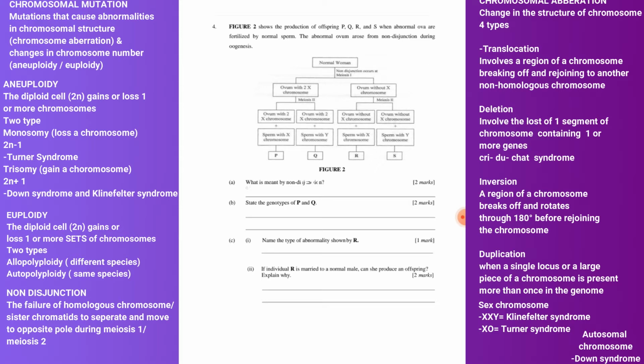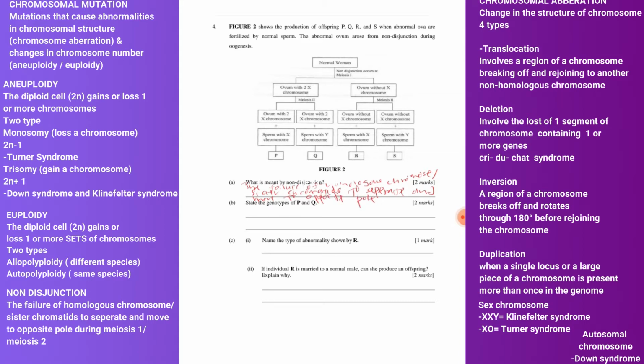Non-disjunction is the failure of homologous chromosome or sister chromatid to separate and move to opposite pole.